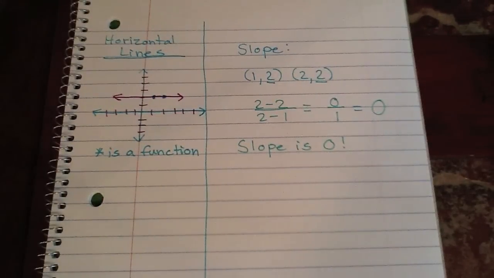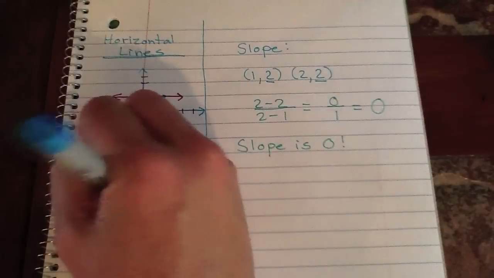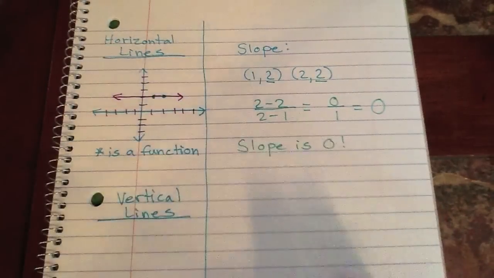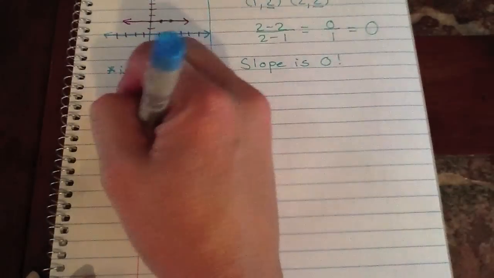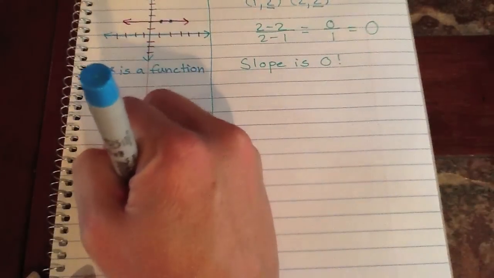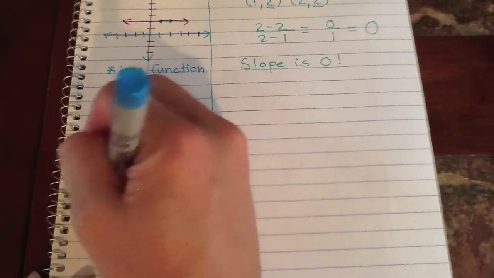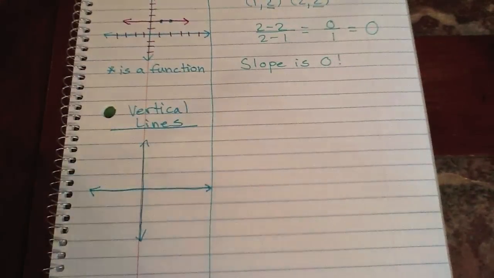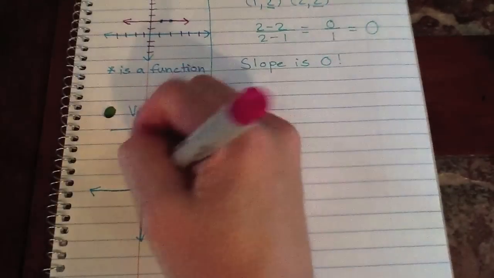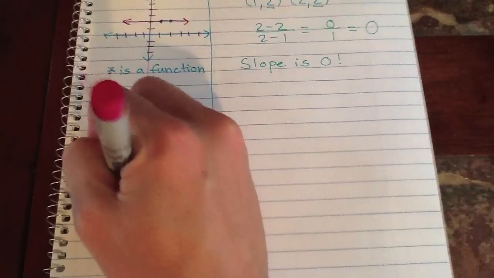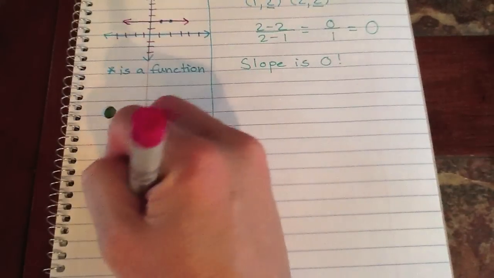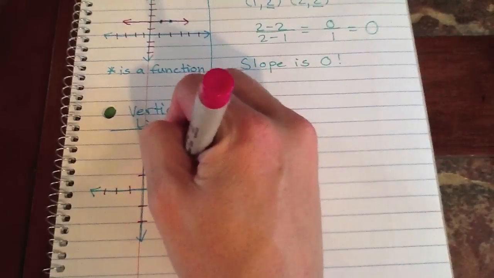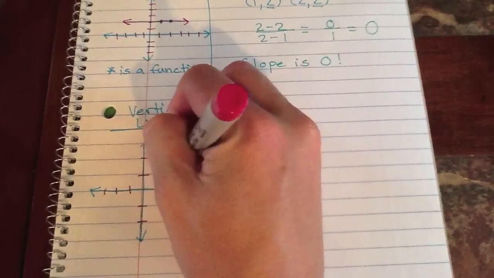Okay, now let's look at vertical lines. Vertical lines are the lines that go up and down. So let's go ahead and make our vertical line right on 3 on the x-axis.